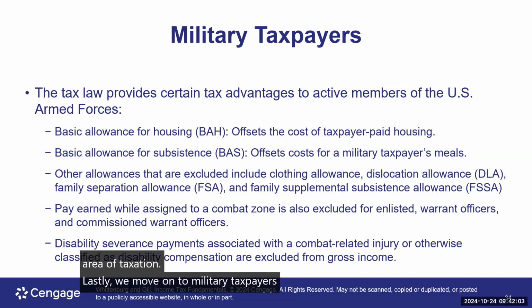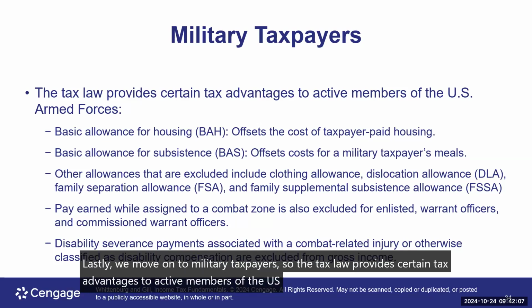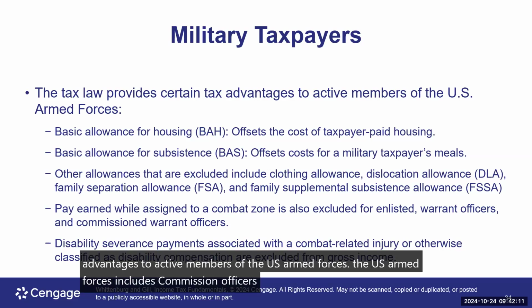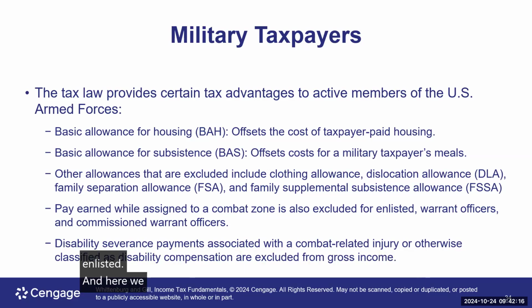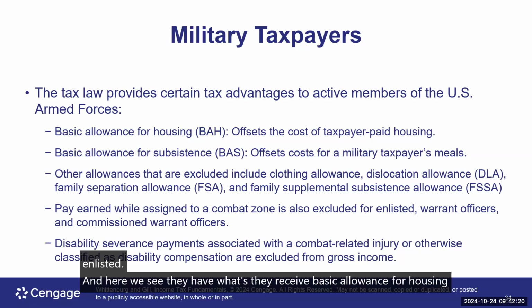Lastly, we move on to military taxpayers. So the tax law provides certain tax advantages to active members of the U.S. Armed Forces. The U.S. Armed Forces includes commissioned officers, warrant officers, persons that are enlisted. And here we see they receive basic allowance for housing, basic allowance for subsistence.